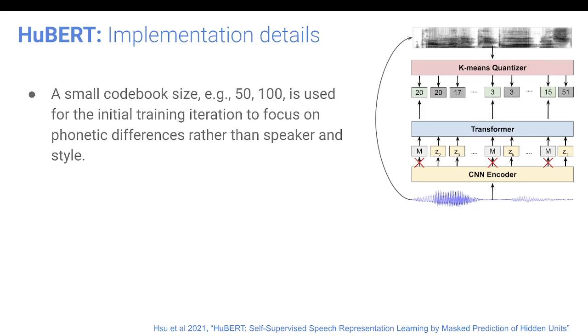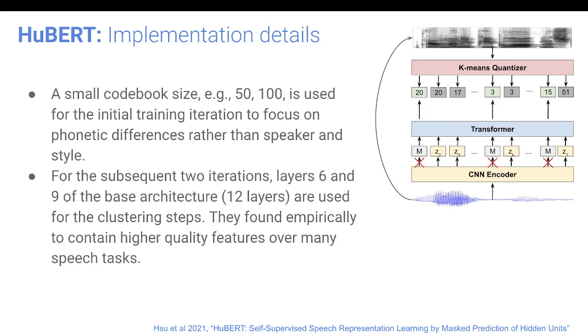For example, if the sound is produced by, say, 400 speakers, you could have multiple subclusters of the sound if you have a codebook of 7,000 or 20,000. Having the limited capacity of the codebook size prevented falling into this problem and forced the model to use its budget wisely to focus on the broad phonetic categories.